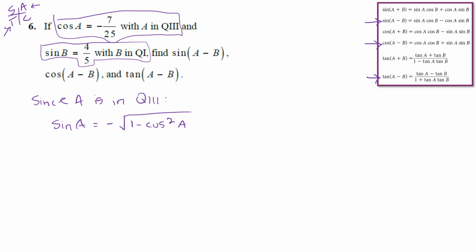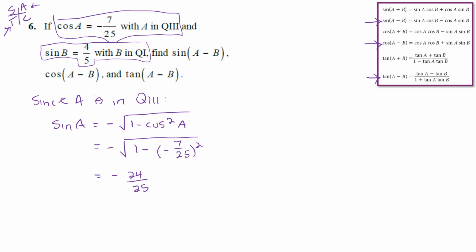Now, when we take the square root, it's obviously positive or negative, but since we're in quadrant 3, we know only tangent is positive, so the sine of A here will be negative. So we have negative square root of 1 minus cosine squared A. We know cosine A is negative 7 over 25. So we'll square that value. So we'll have, when we simplify this, negative 24 over 25. So that's the sine of A.